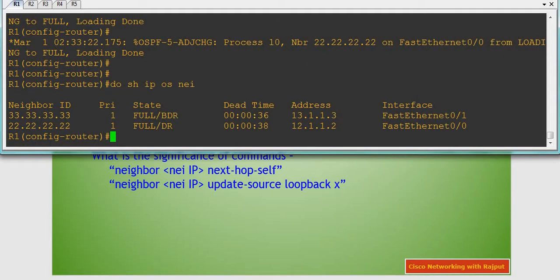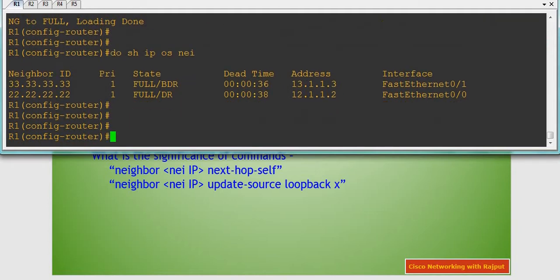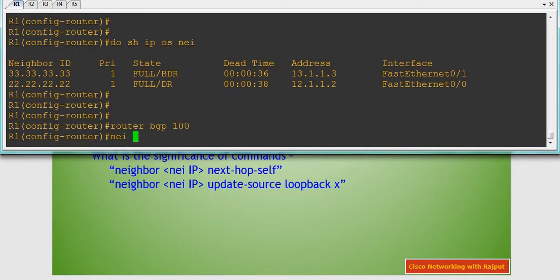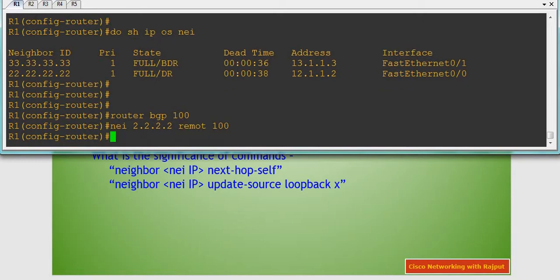So we will use these loopback 1 interfaces as sources of iBGP, and let us configure router bgp 100.